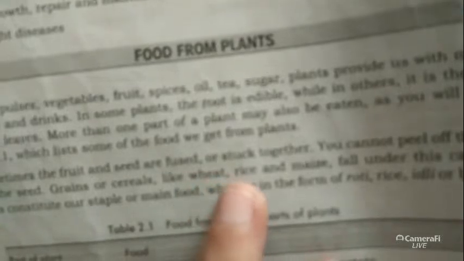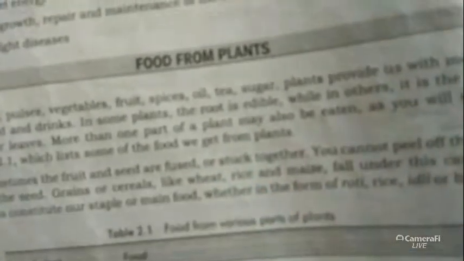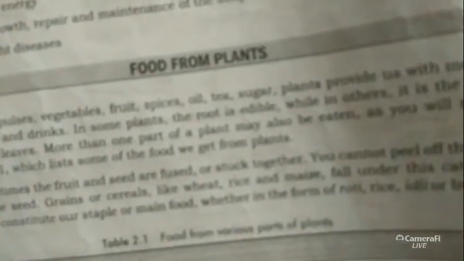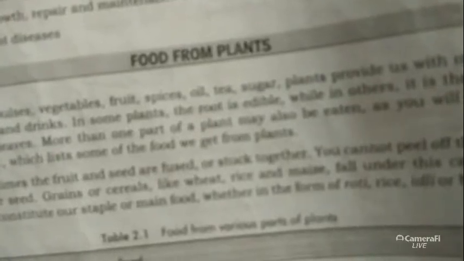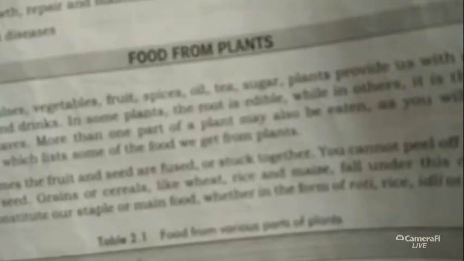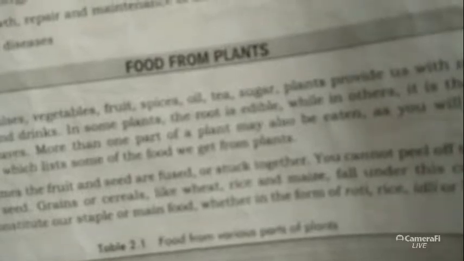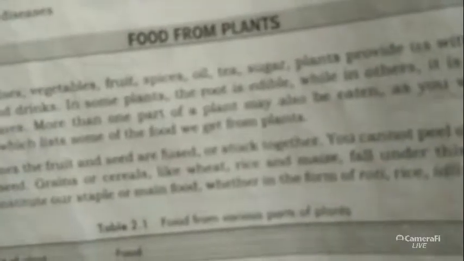Sometimes the fruits and seeds are fused or stuck together, that means mixed up with each other. You cannot peel off the fruit from the seed. Grains or cereals, that means guava, total fruits we are taking. But in mango, we can peel off, and inside it is pulp.